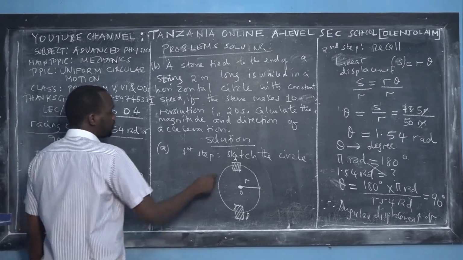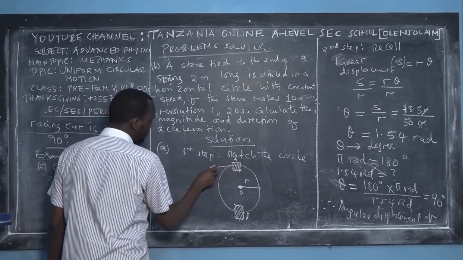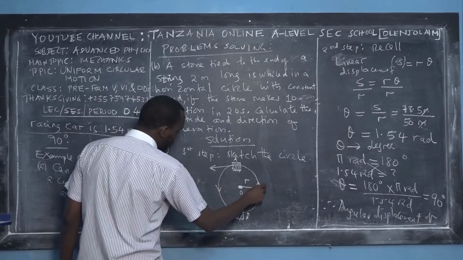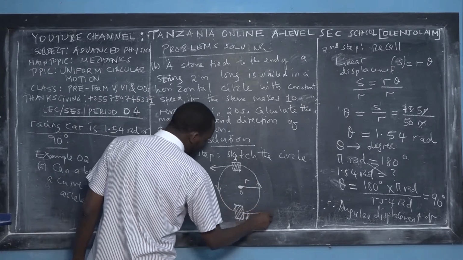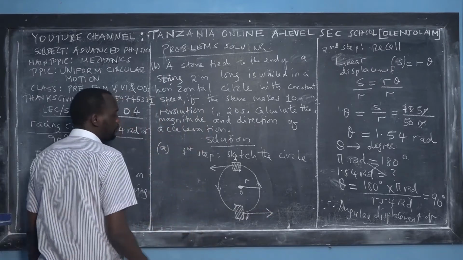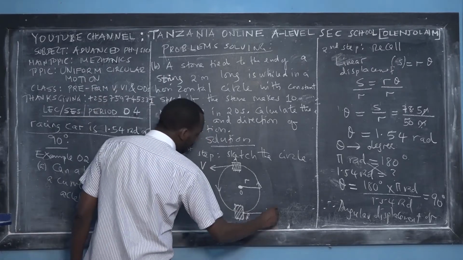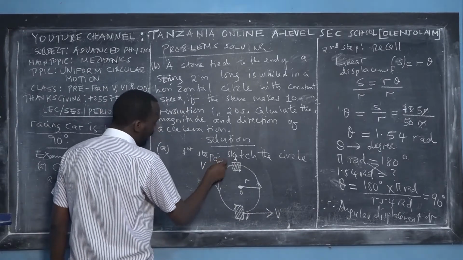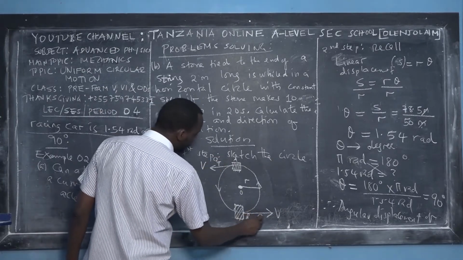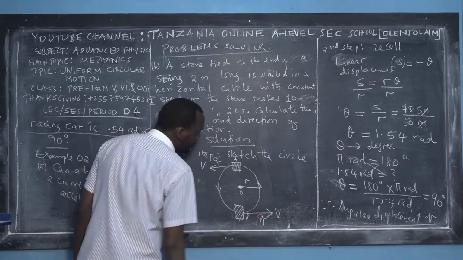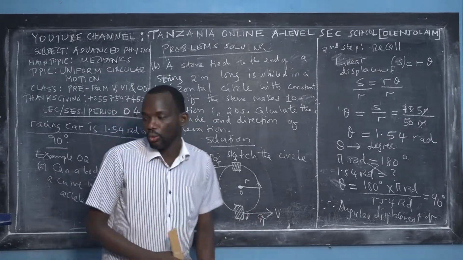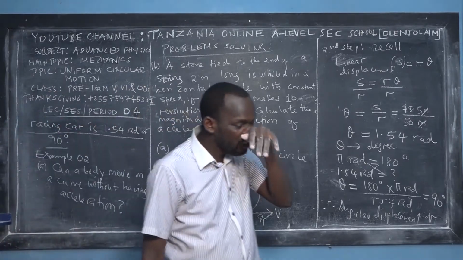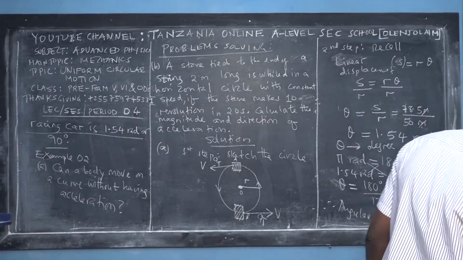Remember that I taught you about tangential velocity and tangential acceleration. If the body is moving in a clockwise direction, this is the velocity, and this is the velocity. What is the aim of tangential acceleration, or the aim of centripetal acceleration?